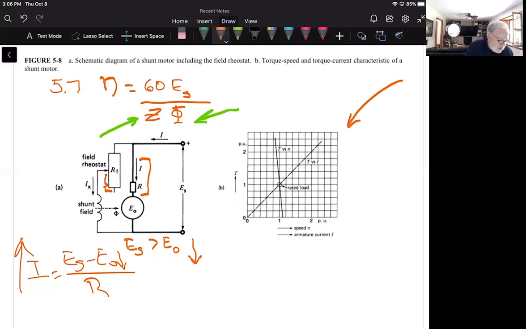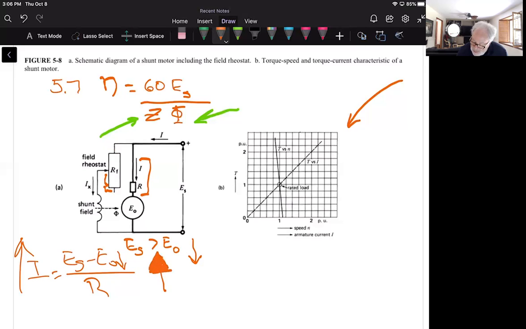Now, he says the current changes dramatically because its value depends upon the small difference between source voltage and armature voltage. So despite the weaker field, the motor develops a greater torque, and it's going to accelerate until this E sub O gets back to the state that it was prior, close to E sub S, okay?